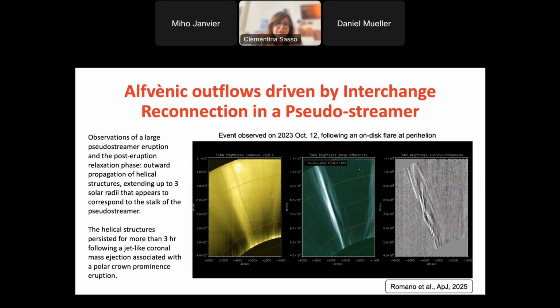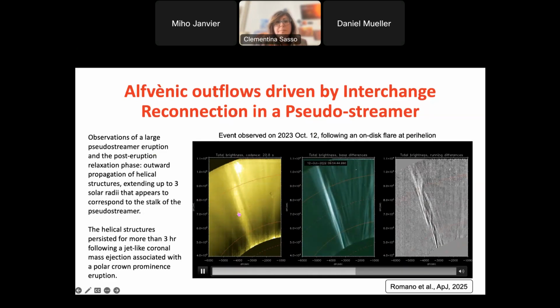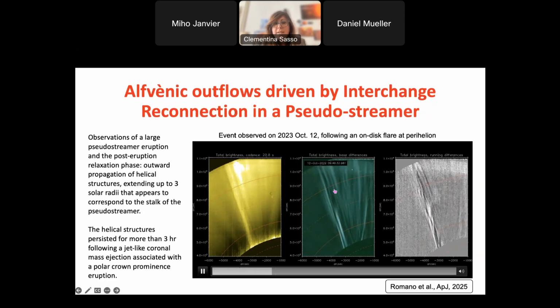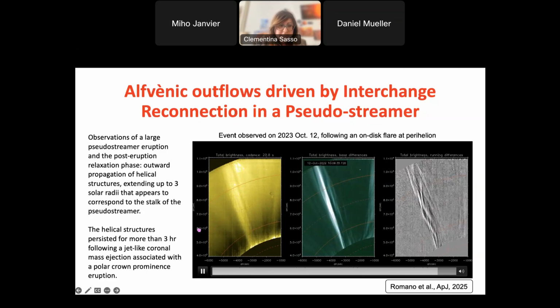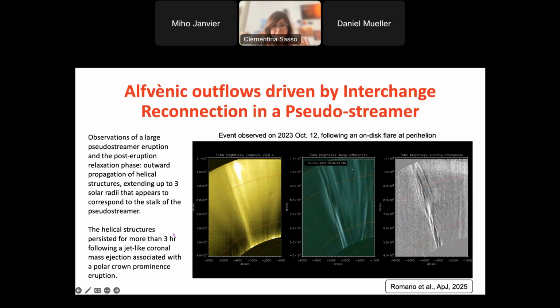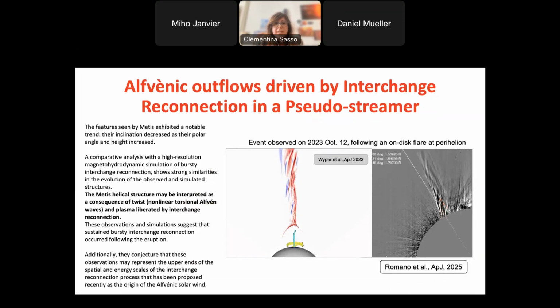So this is the relaxing phase, and this is again the total brightness of Metis with a very high cadence, 20 seconds. And here the base difference and the running difference. So this helical structure persisted for more than 3 hours, and here are the results.